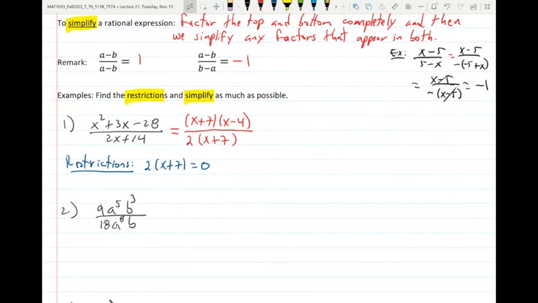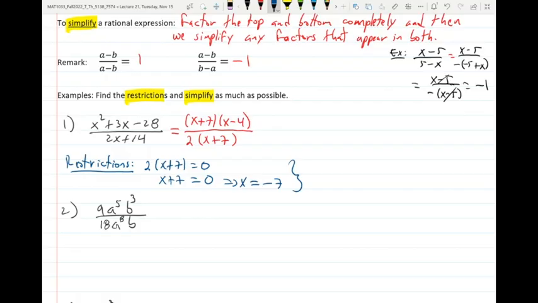All right. Anyways, what's the restrictions? What's the solution here? -7, right? Because if this is equal to 0, then this only makes sense as long as this is not 0, which then gives you -7. x plus 7 equals 0 means x is equal to -7. So by restriction here, what we mean is that the solution is -7, but the restriction we write as x cannot be -7.